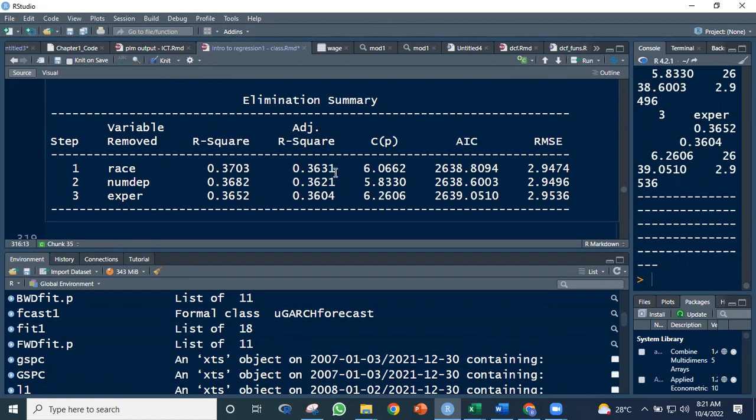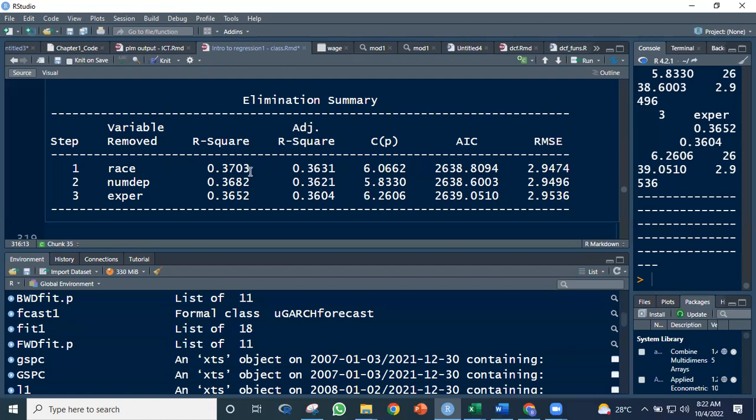You can see here that the R squared will go down, of course, because the more variables you have, the higher it will be. That's why this is going down: 37.03, 36.82, 36.52. But not necessarily for the adjusted R squared. For multiple linear regression, what's more important for us is the adjusted R squared.